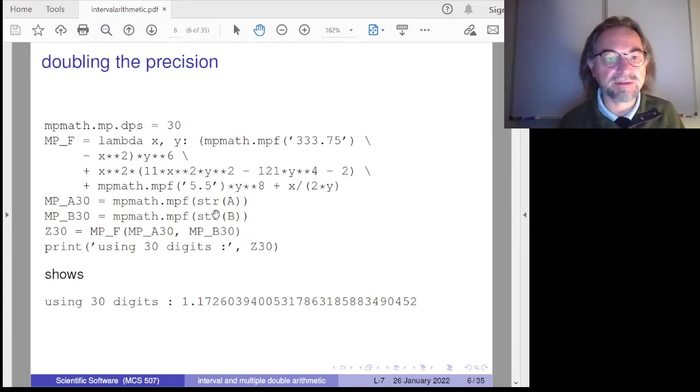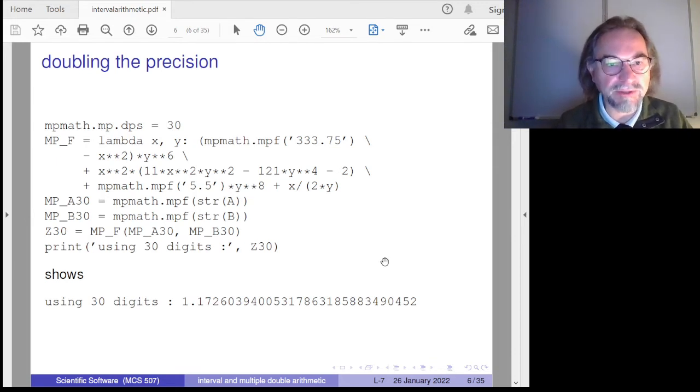So in order to make the experiment work well, I also converted the input numbers, coming from their string representation, into multi-precision floats to make sure that mpmath will see them as multiple precision floats of 30 decimal places.